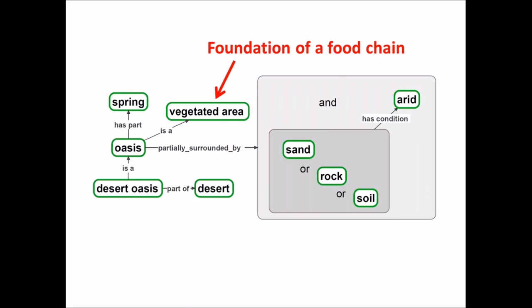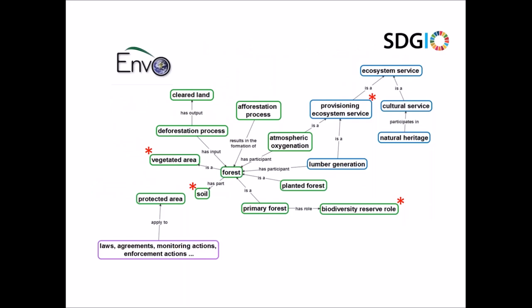So if you're using a food class from FoodOn, the ontology knows, so to speak, that it is connected to environments through a particular path in the web of knowledge. The same is true here. Things that are marked with a red asterisk are, again, highly relevant to FoodOn.